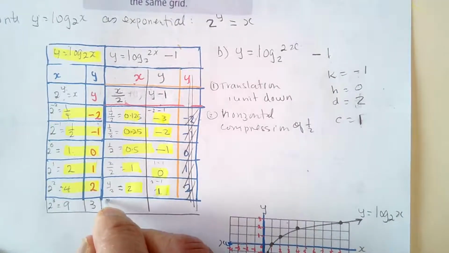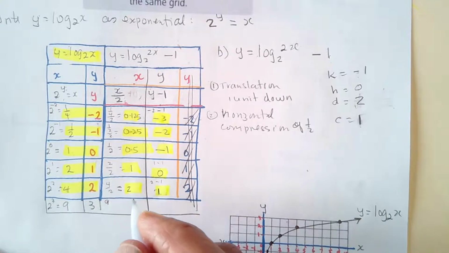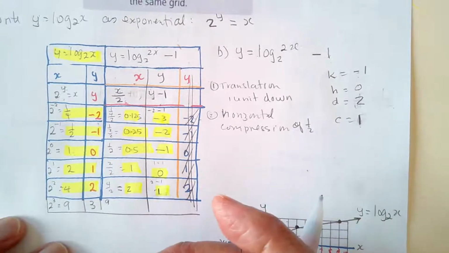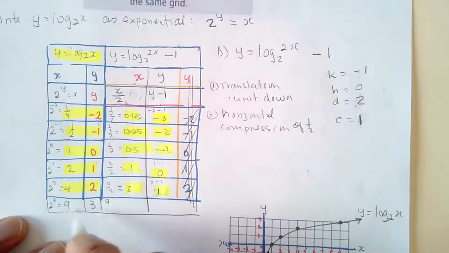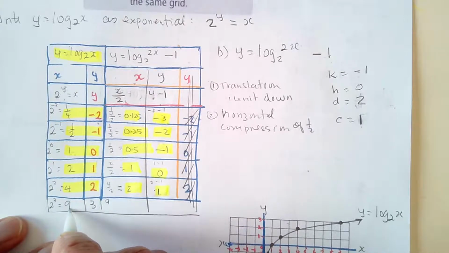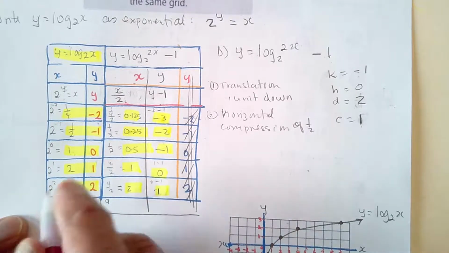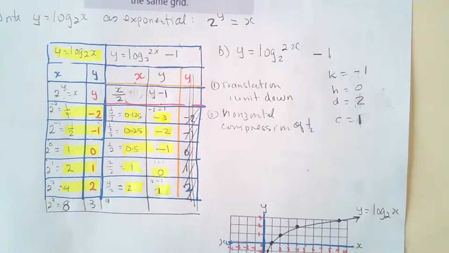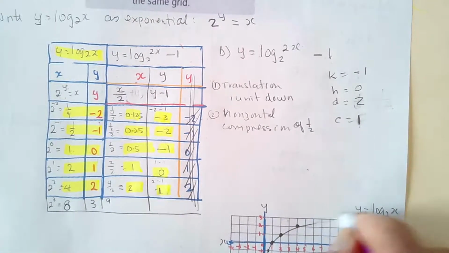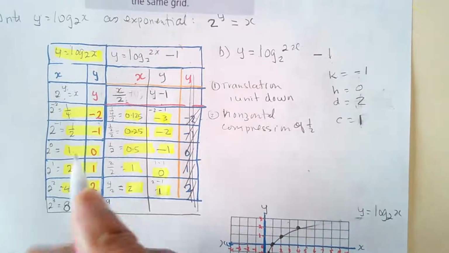Next, we have 9. Oh, this should have been 8. Oops. So my graph is actually a little bit skewed here. Oh, I'm seeing my errors here.